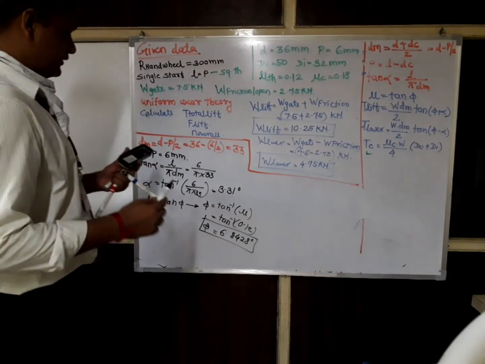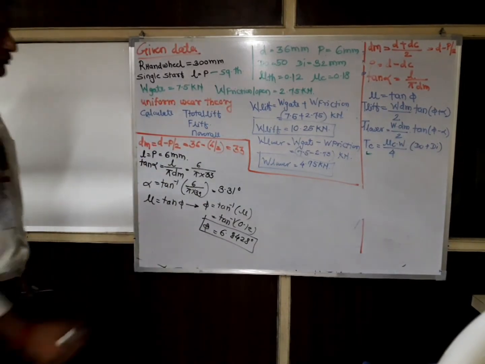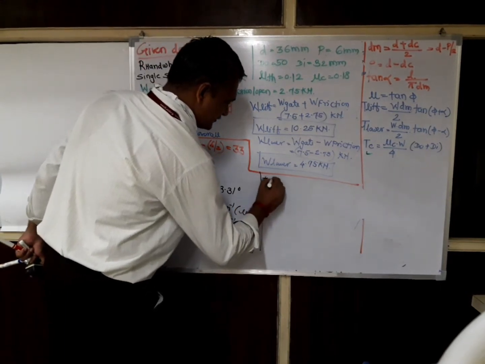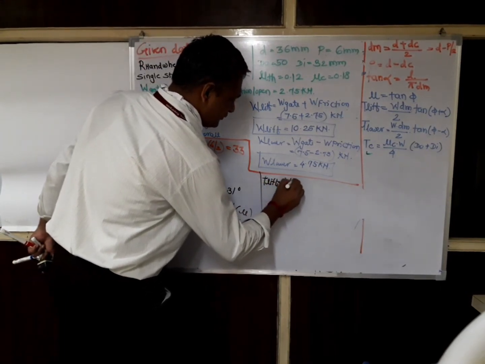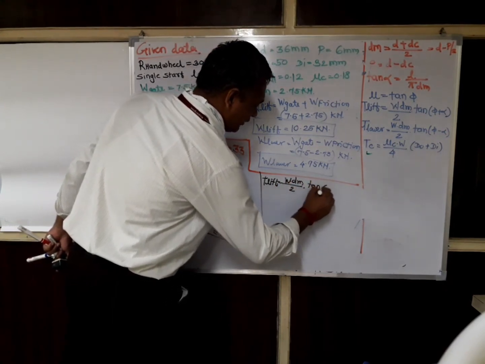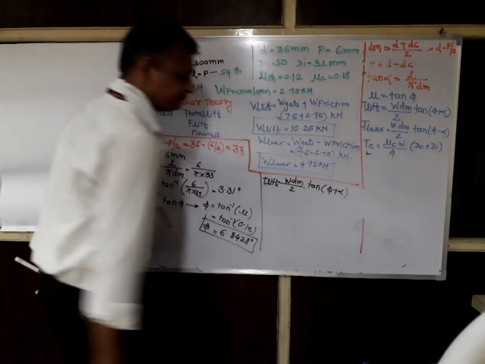Now we have evaluated all these answers. Now we will use the formula, that is T lift is equal to W into dm divided by 2 into tan of phi plus alpha.